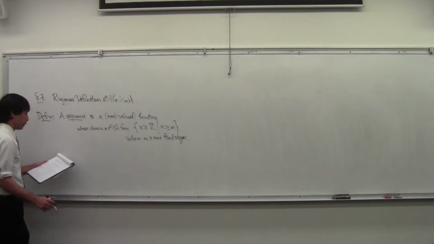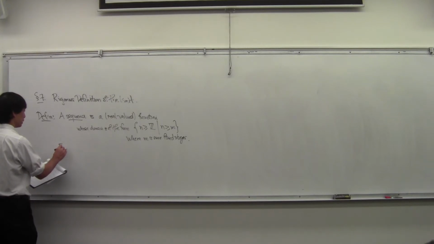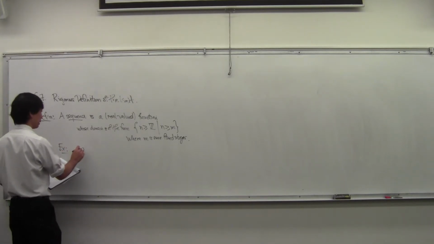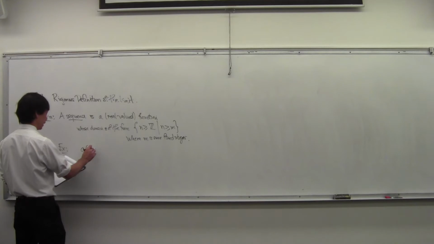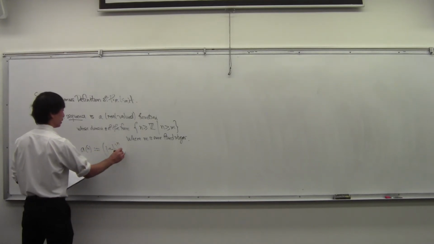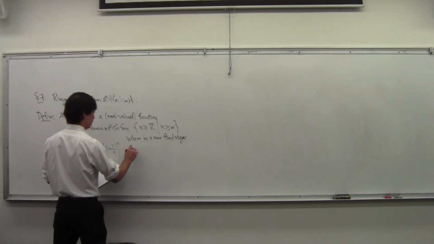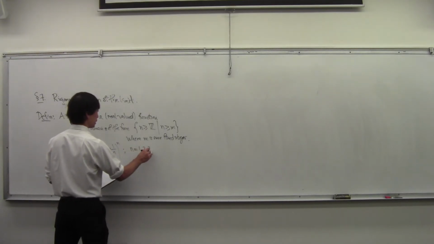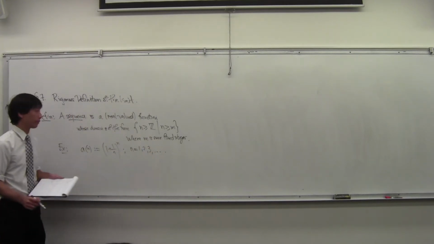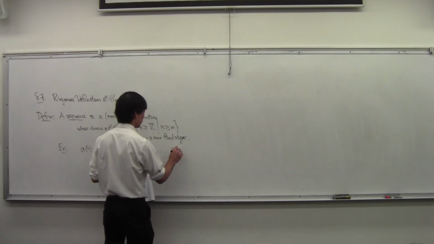Okay, so for example, if I say here's my function, a of n is (1 plus 1 over n) to the n, where n starts at 1. Okay, so this is a sequence.